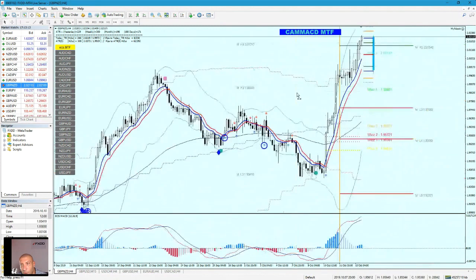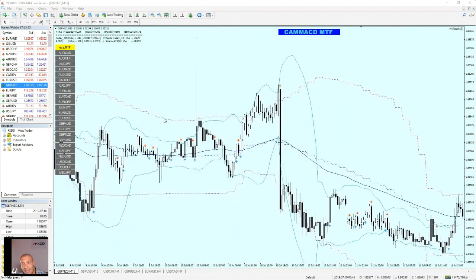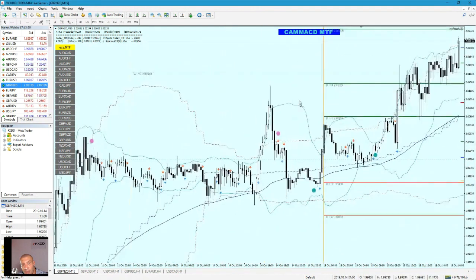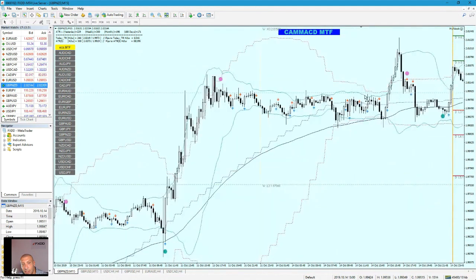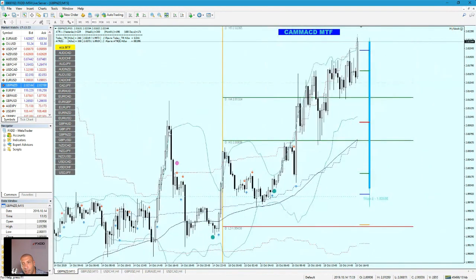GBP New Zealand going strongly up. 300 pips, the ATR for the last 5 days. This is huge. Any re-entry on 15 minutes would be good now, but it needs to drop first on 15 minutes. See this, re-entry dots, green dots. Re-entries. Big spikes.